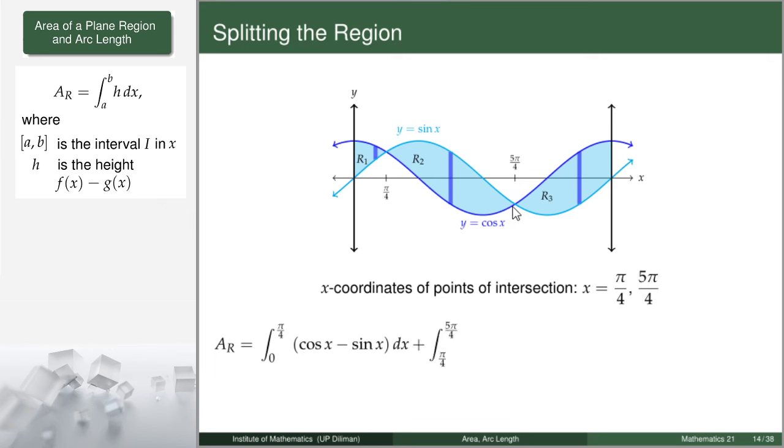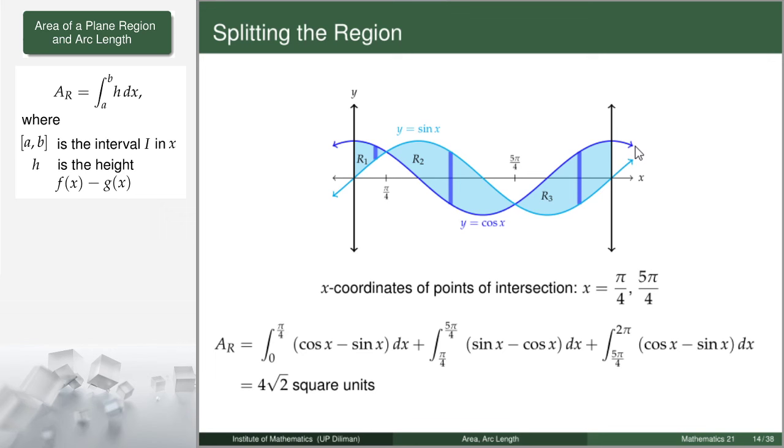And in here, what is above is sine, and what is below is cosine. Of course, I also still will not forget the dx because that's very important. And for the last region, it will be from 5 pi over 4 to 2 pi, where what is above is cosine and what is below is sine x. Simplifying this, you will obtain a fourth square root of 2.